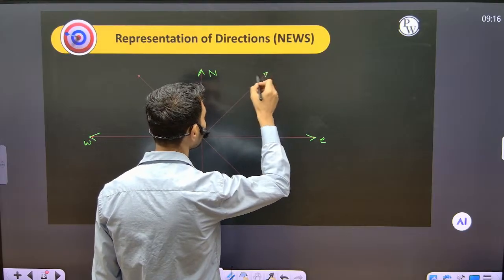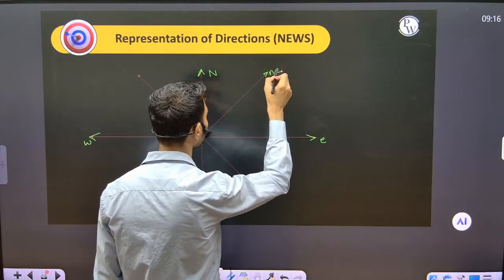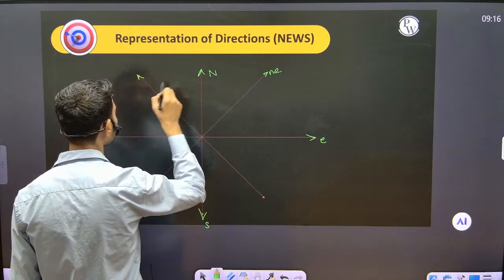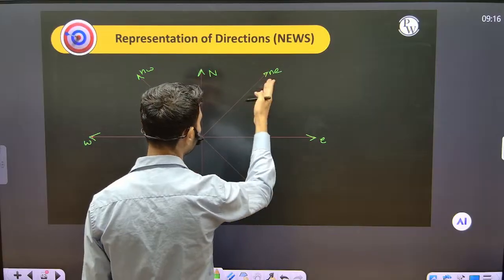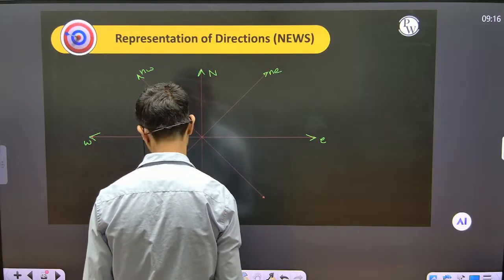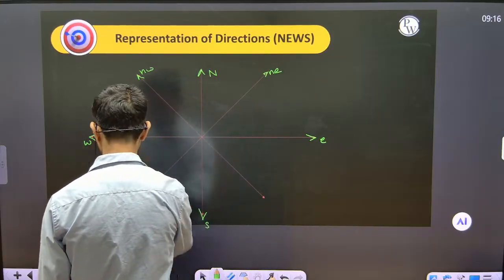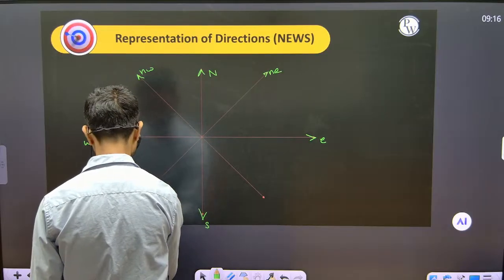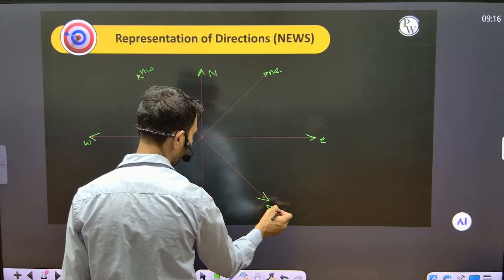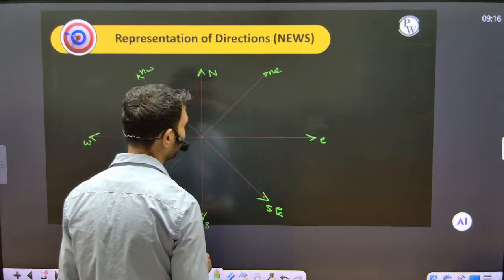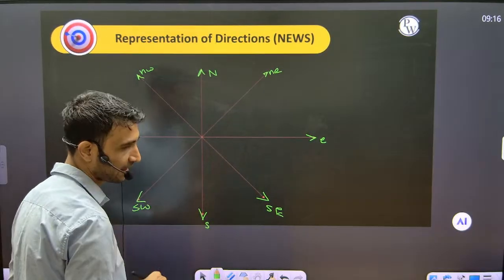And here is northeast. Here is northwest, between north and west, northwest. Between north and east, northeast. So what will be here? Between west and south it will be southwest. And here it will be southeast. So these are the directions.